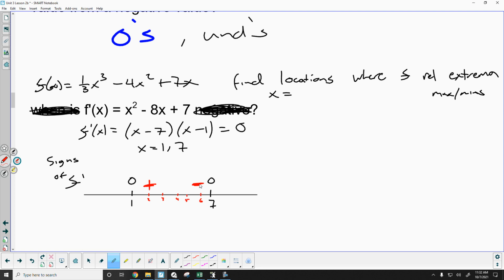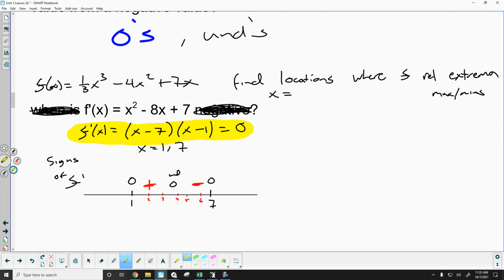Tell your neighbors. Now, I've already found all my undefined. You got it. The only way for me to change signs is if I had another 0 or undefined. But I know I found all of my zeros for f prime.